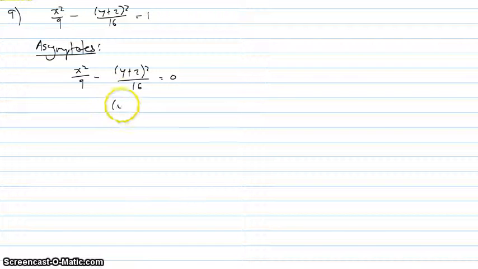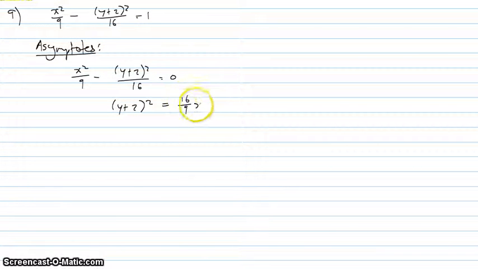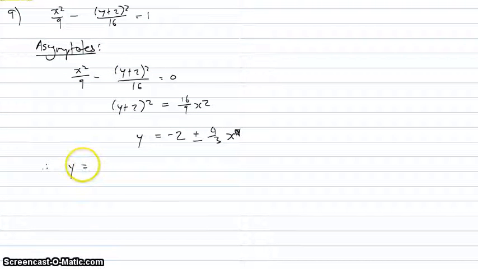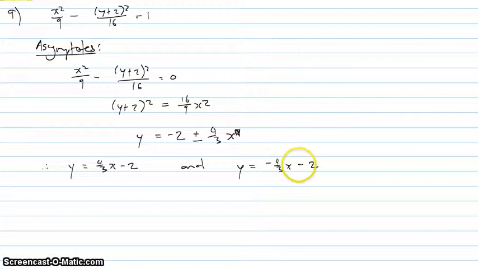So (y plus 2) squared is equal to 16 over 9 x squared. So y is equal to negative 2 plus or minus 4 over 3 x. Therefore our asymptotes are y equals 4 over 3 x minus 2 and y equals negative 4 over 3 x minus 2. With all this information, we're able to go and draw our graph.